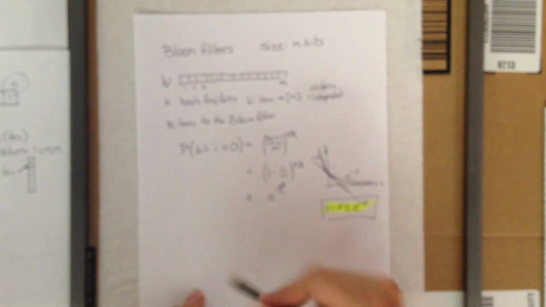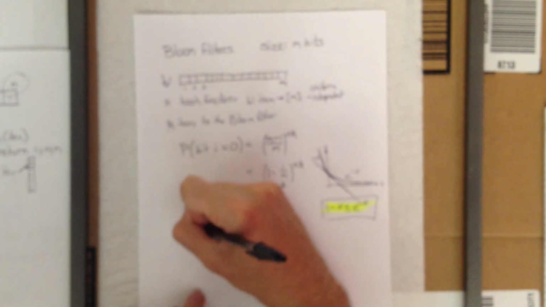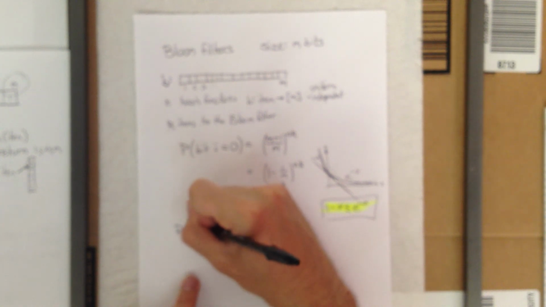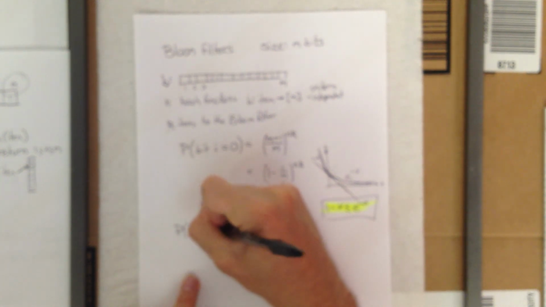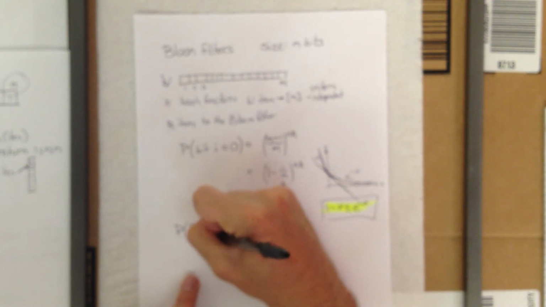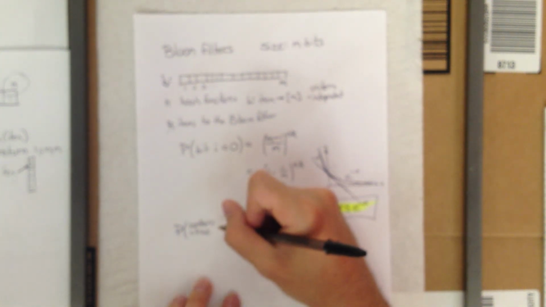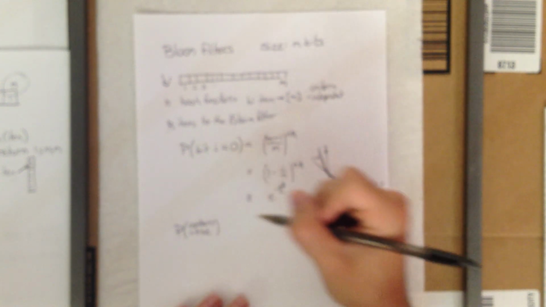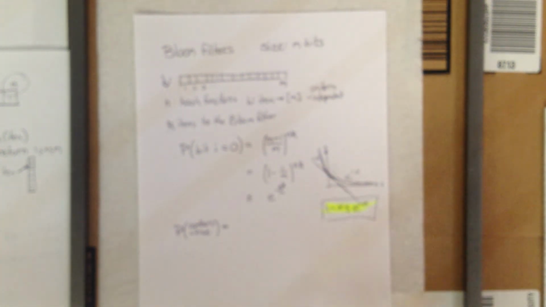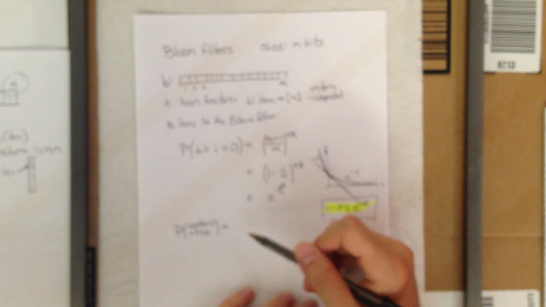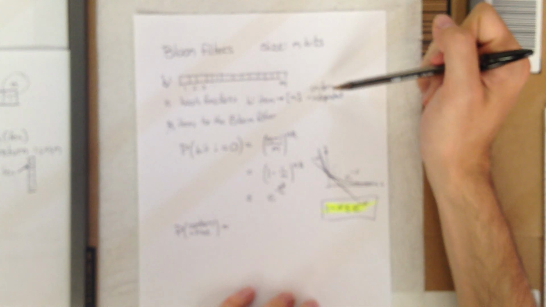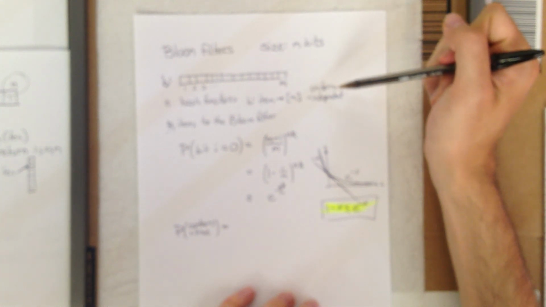Now the question we're really interested in is, what's the probability that contains says true for a random input? So this is going to be the probability that the n hash functions for the input are all set to 1.